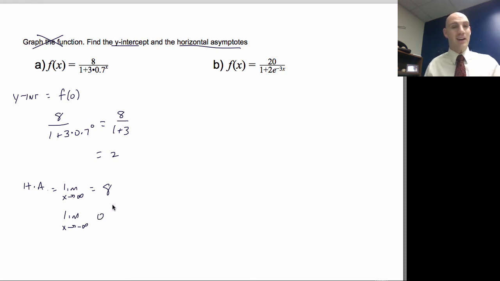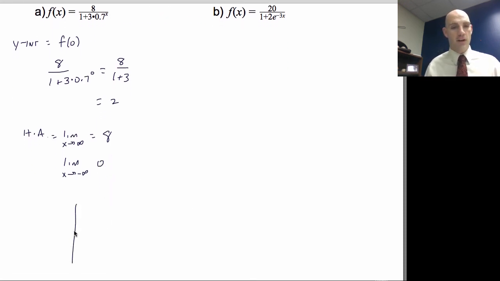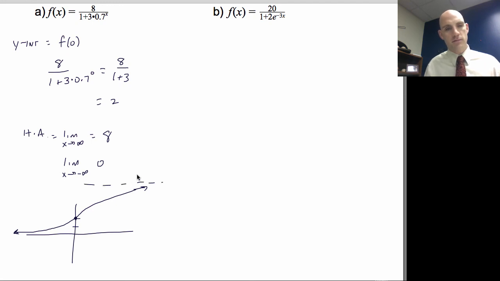And so I could even just sketch the graph now. If my intercept is 0, 2, and my limit this way goes to 0, and my limit this way goes to 8, y equals 8, that is my graph of my function. Okay, that's the basics of logistics.